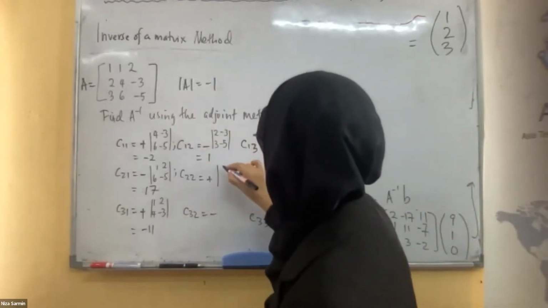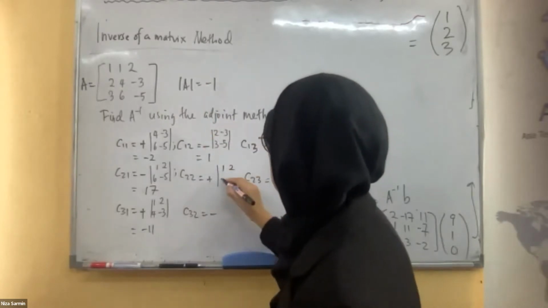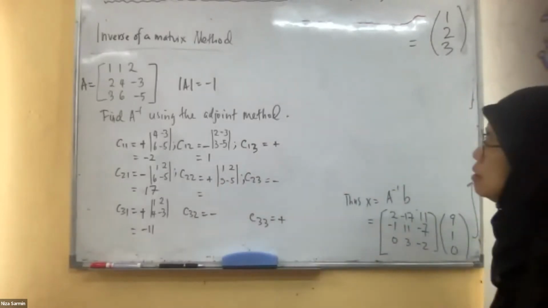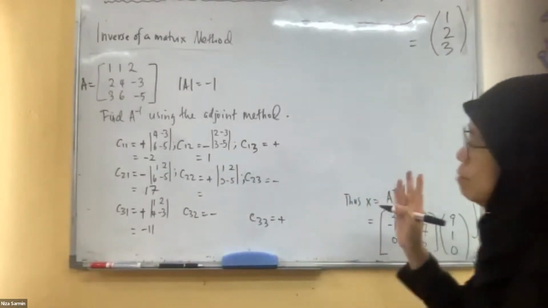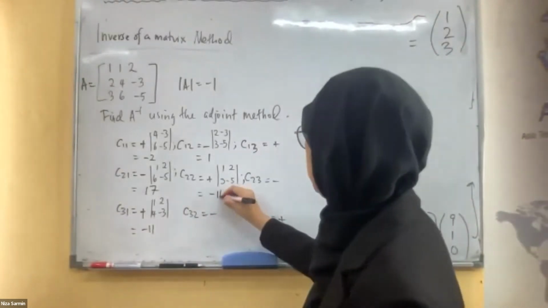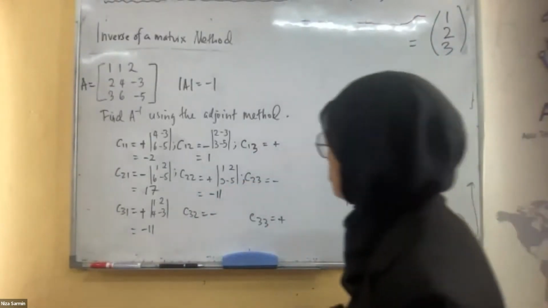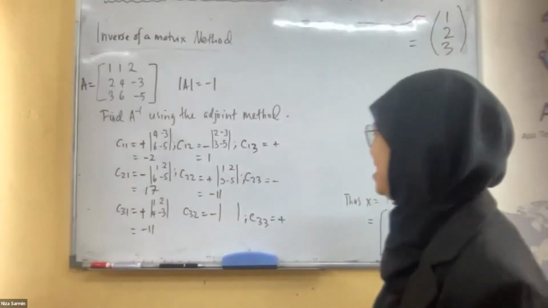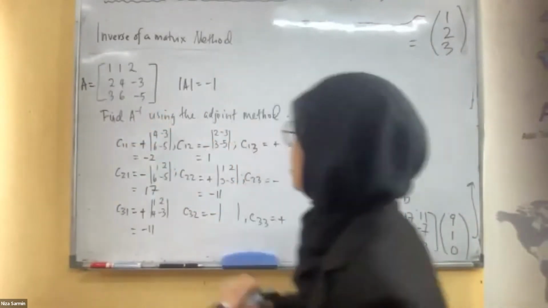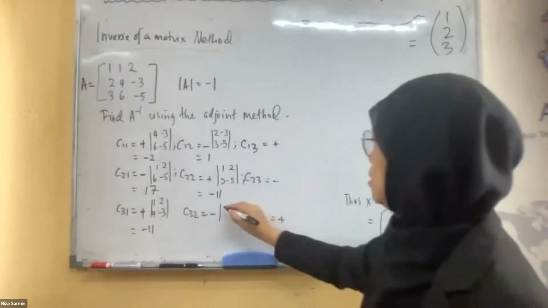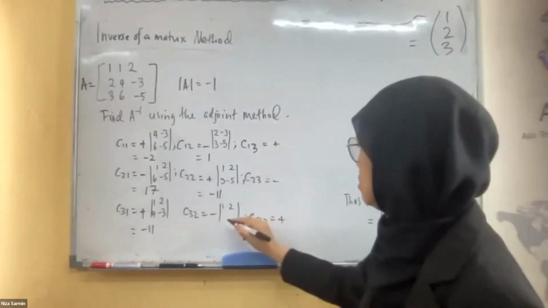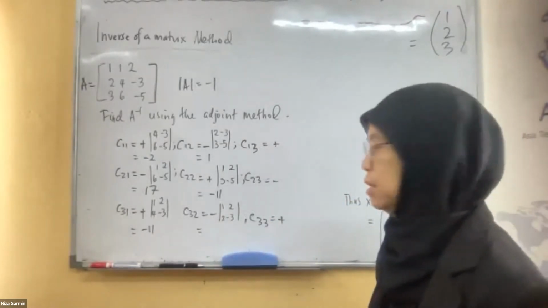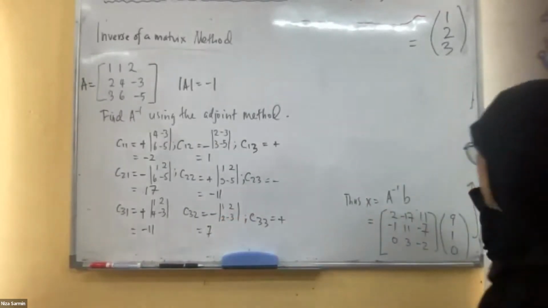This 1, 2, 3, -5. -5 minus 6, -11. Too slow, eh? 3, 2, 3, 2 is that. 3, 2, 1, 2, 2, -3. -3 minus 4, -7. -7 is 7.